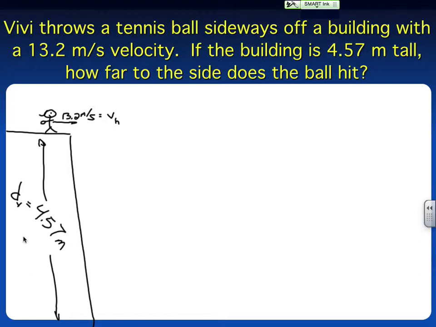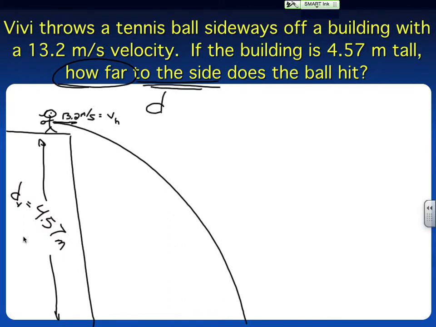Of course, when she launches this ball, it's going to travel in a parabolic trajectory down until it hits the ground, and that's what we want to do, is find out how far over to the side. Now, how far to the side is asking for h, so we're saying, well, what is dh?